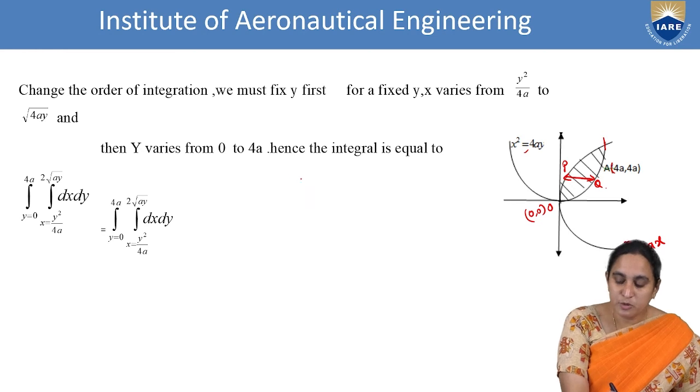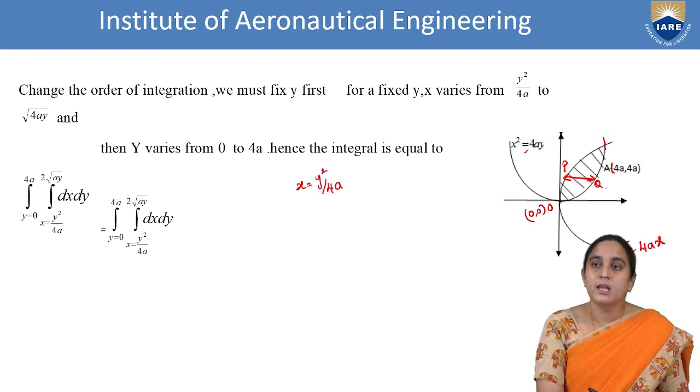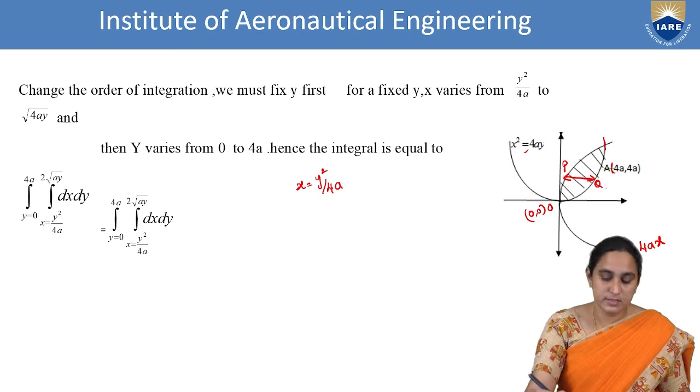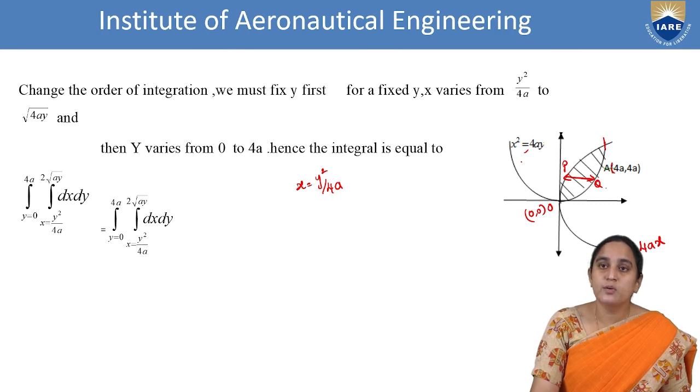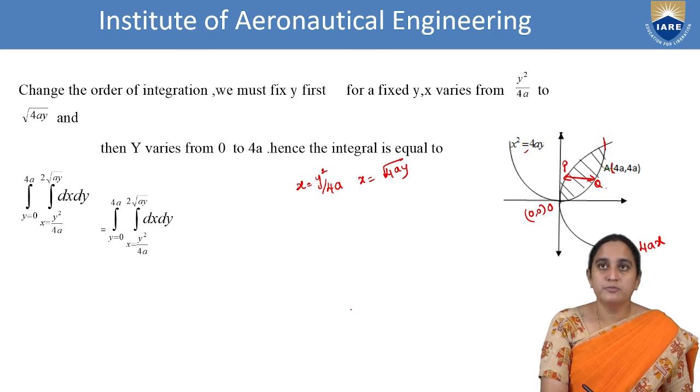From that, the x limit point is x is equal to y square by 4a. At the end point Q, it touches x square is equal to 4ay. From that, x is root 4ay.